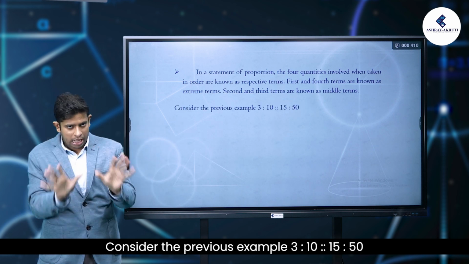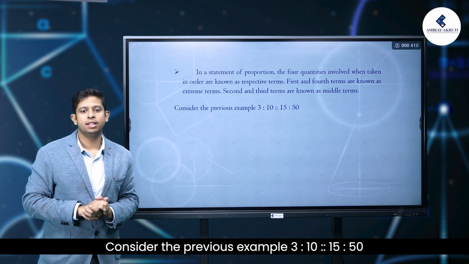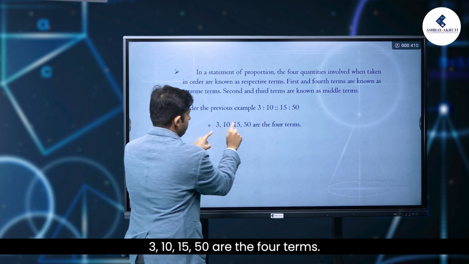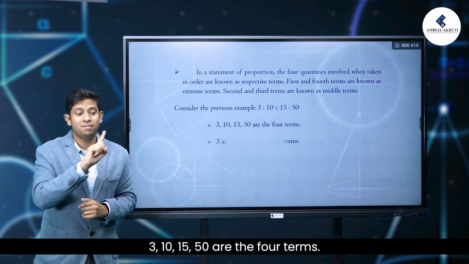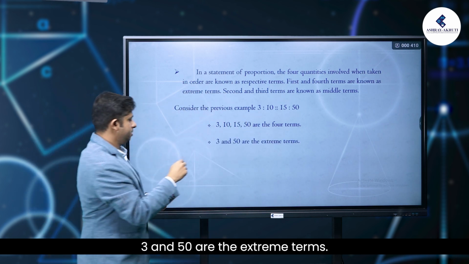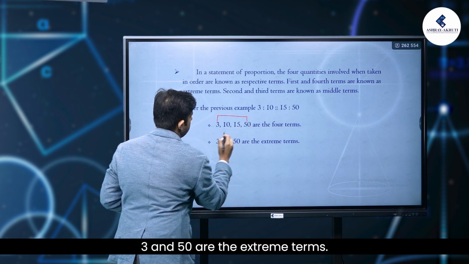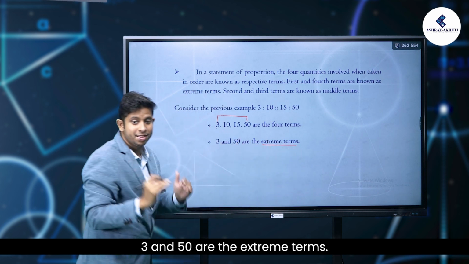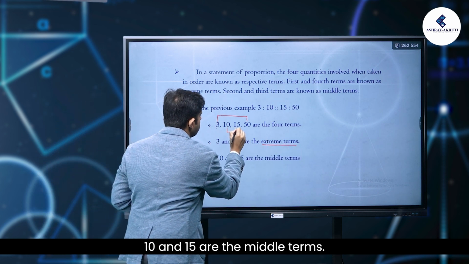Consider the previous example. 3:10::15:50. 3, 10, 15, 50 are the four terms. 3 and 50 are the extreme terms. 10 and 15 are the middle terms.